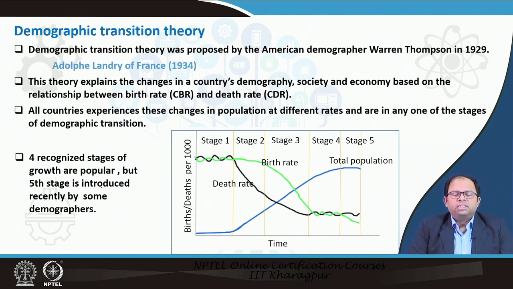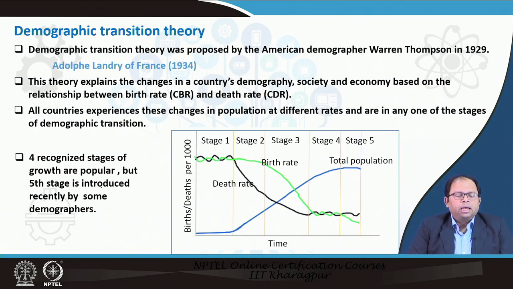The demographic transition theory was proposed by the American demographer Warren Thompson in 1929, and his work was extended by Adolphe Landry of France in 1934. This theory explains that the changes in a country's demography, society, and economy are based on the relationship between the birth rate, CBR, and the death rate, CDR.